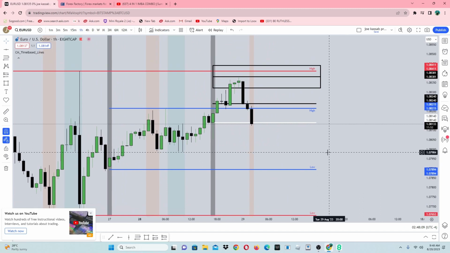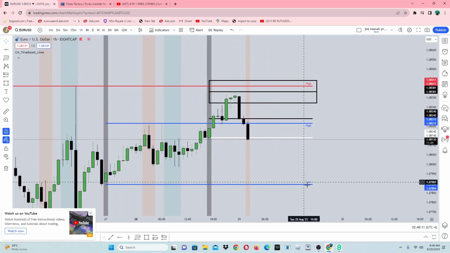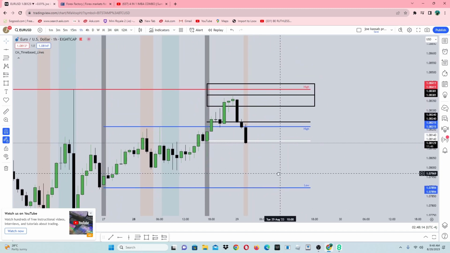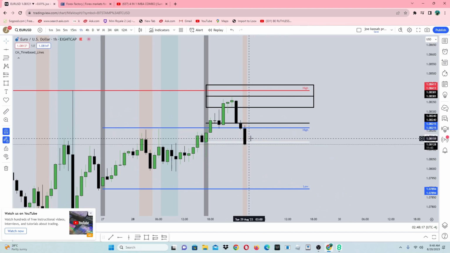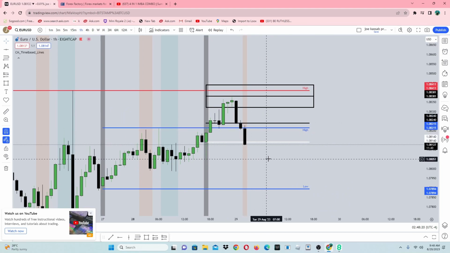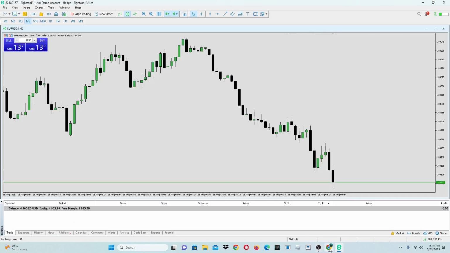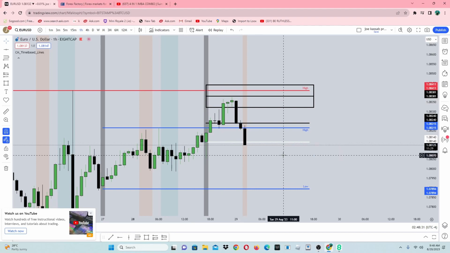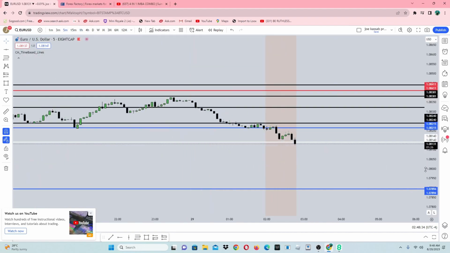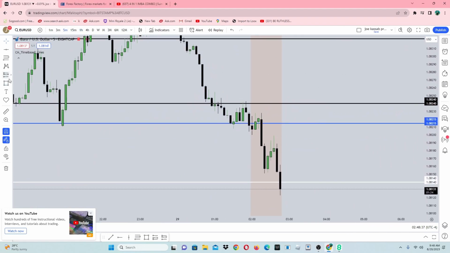So right now, I will be just waiting to see some type of hourly retracement. I need to see an hourly bullish candle forming in order for me to have an idea entering a trade. Okay, so if I wanted to take a trade, I could have taken a trade from here into the opening of the daily candle, so it would have been a very quick scalp, one-to-one risk reward ratio.